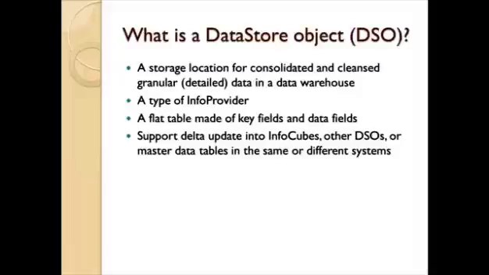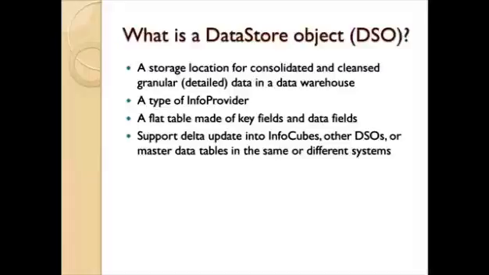It can be a type of info provider, which means it can be used as the basis for queries. And thirdly, it is a flat table made of key fields and data fields. Again, this is in contrast to an info cube, which we'll talk about in more detail in another chapter. DSOs are kind of like two-dimensional tables or spreadsheets, if you will.